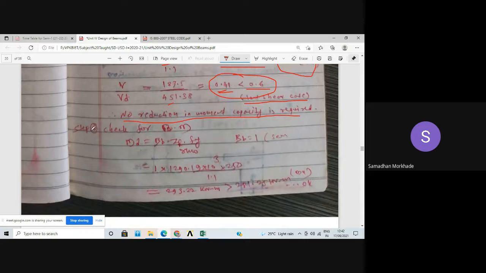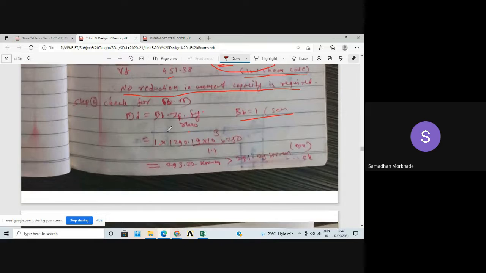Next, step number 6, check for bending moment. Md is equal to beta B into Zp into Fy by gamma m0. Beta B is 1 because the section is plastic. Zp of the selected section is 1290.19 into 10 to the power 3, into Fy 250, divided by 1.1.